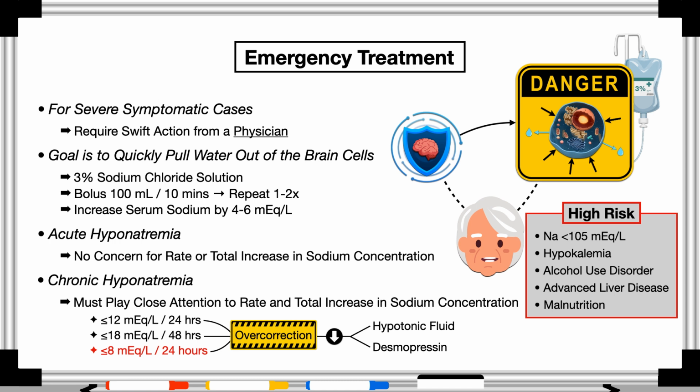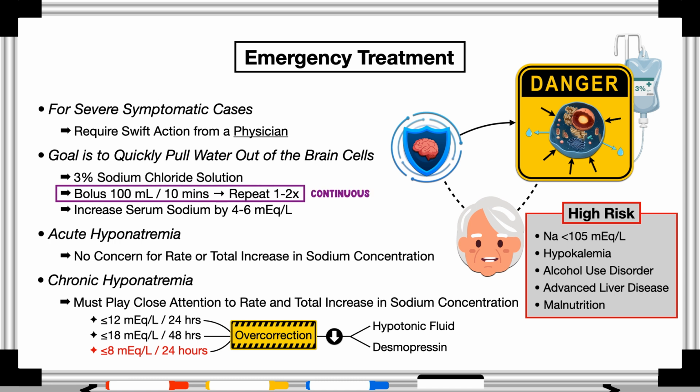In the event of overcorrection, the recommendation is to carefully lower it to the correction limit by administering hypotonic fluids or giving desmopressin, which is a synthetic analog of arginine vasopressin.